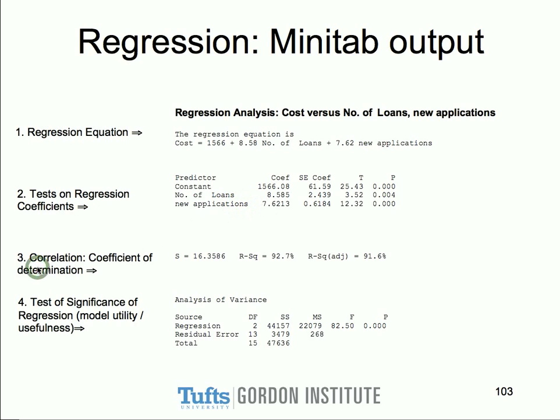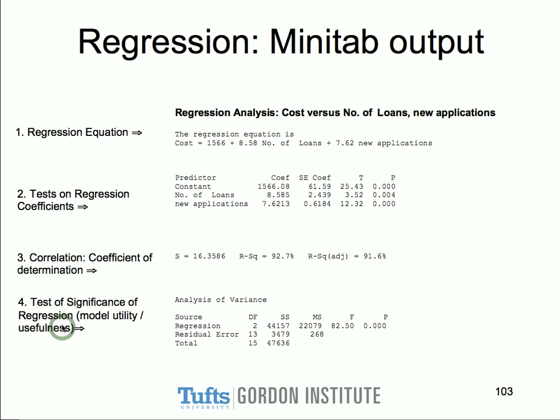And the correlation, which is the coefficient of determination. How well did we do in creating our regression line, okay? The predictors that we chose, how much of the differences in the response or dependent variable y, which is cost, were they able to capture?